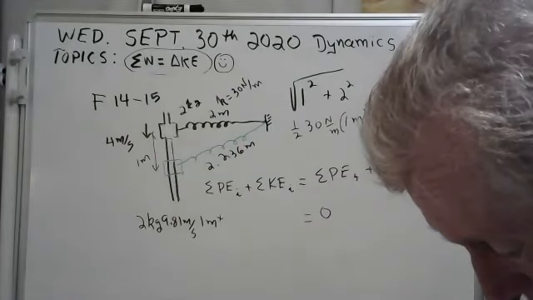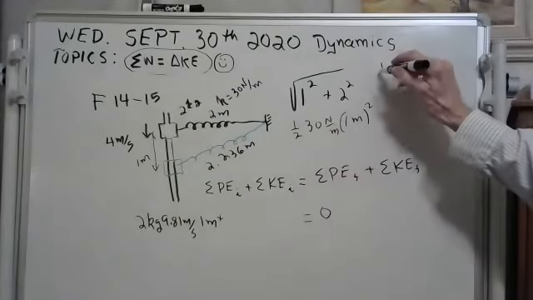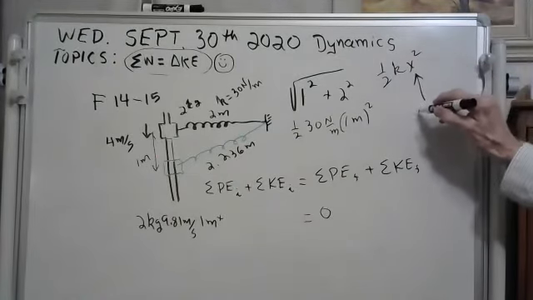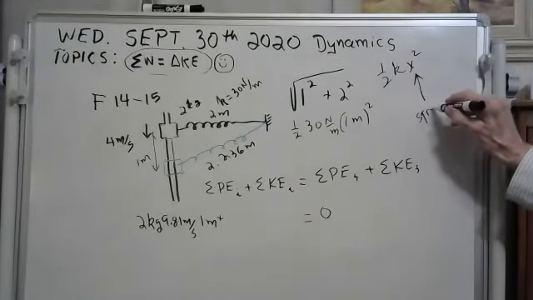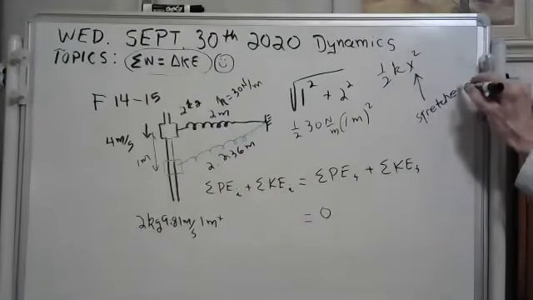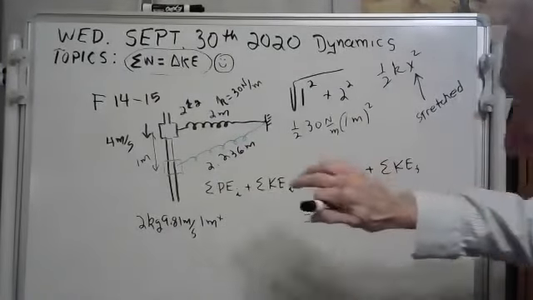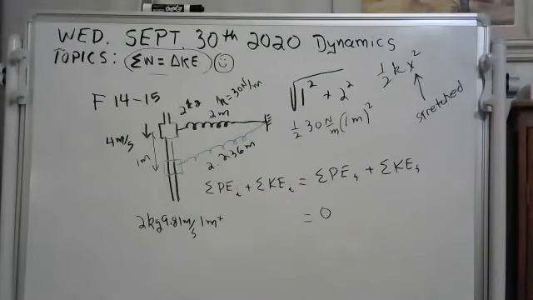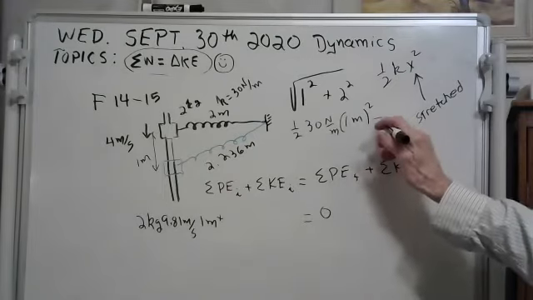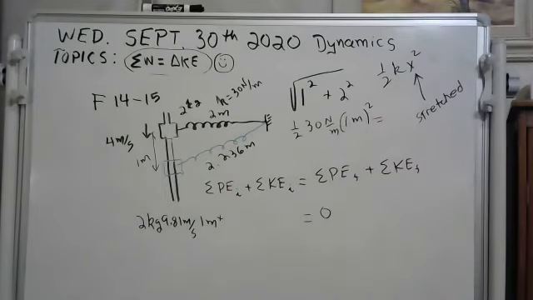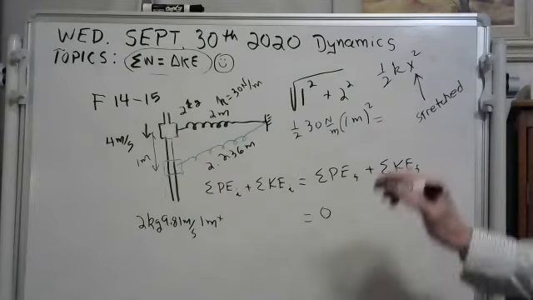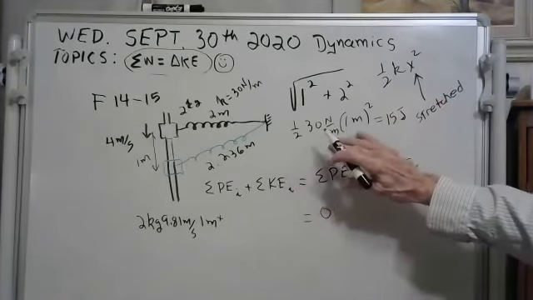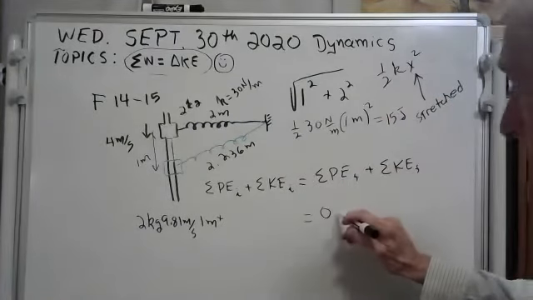Well, it's stretched 2 meters. And in your equation 1/2 kx squared, x is how much the spring is stretched. If you have a spring that's 1 meter long and you stretch it 2 meters, well, then it's stretched 1 meter. And this is equal to, I can do that in my head. I think it's 15 joules, isn't it? Did I do that right? Yeah, okay.